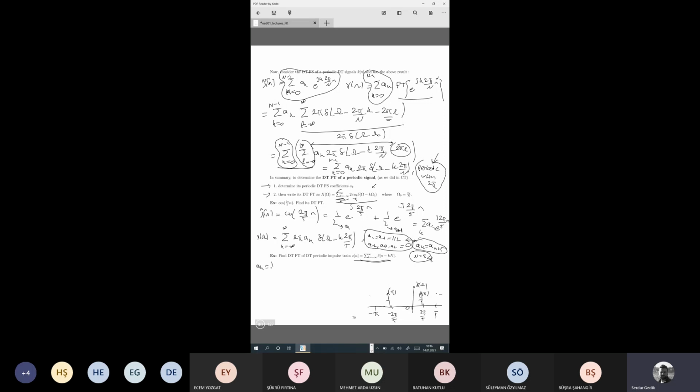So a_k is simply 1 over N, summation over N of x of n e to the power minus j k 2 pi over N. So this is equal to 1 over N, summation of impulse of n e to the power minus j k 2 pi over N. Of course, this is nothing but 1 over N. So X of omega is simply the summation for k from minus infinity to plus infinity of 2 pi over N impulse of omega minus k 2 pi over capital N. So this 1 over N is nothing but your a_k.